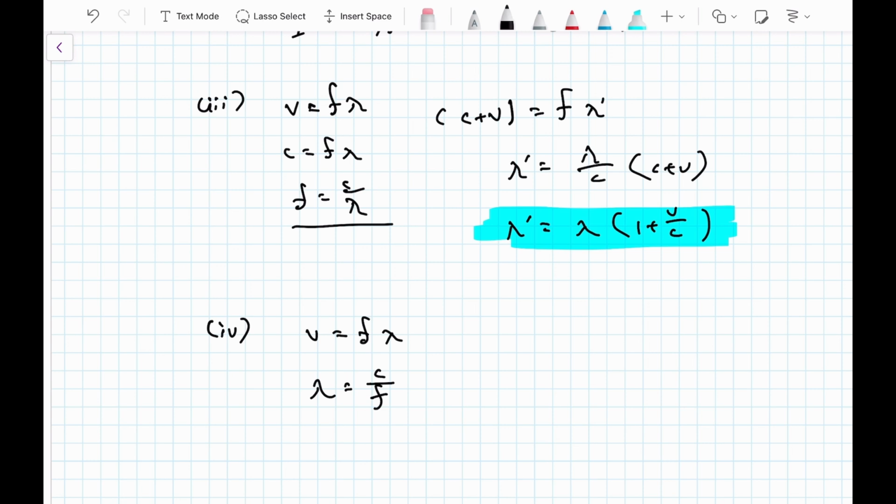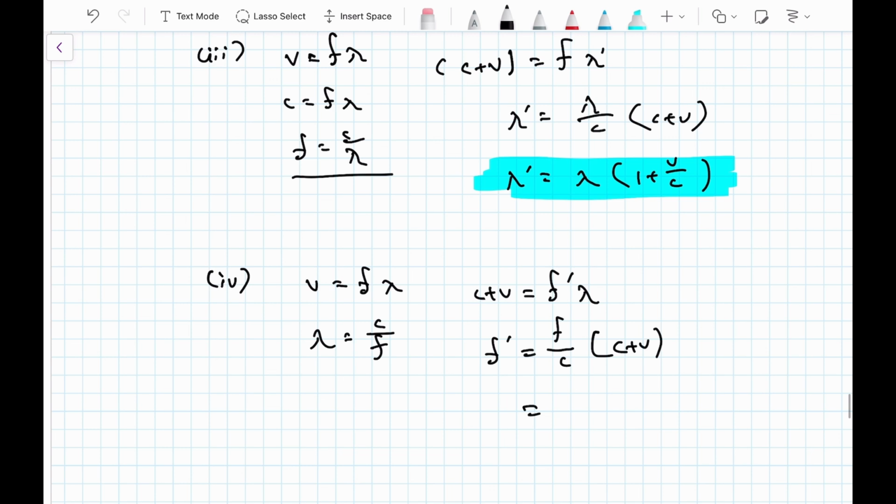And then the new one should be c plus v, is equal to f prime lambda. So f prime should be equal to f over c multiplied by c plus v.